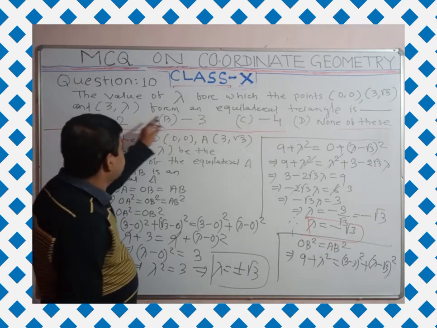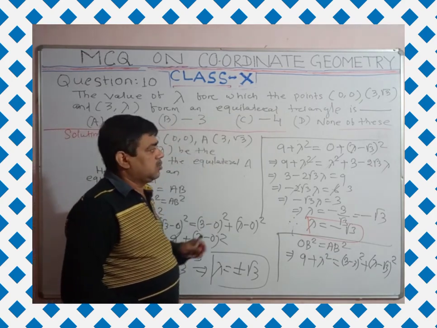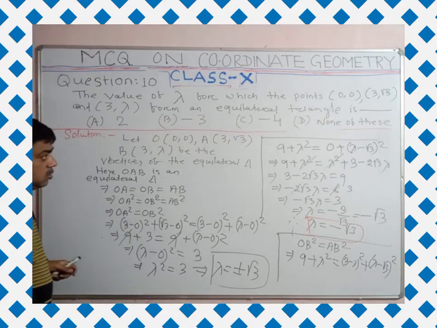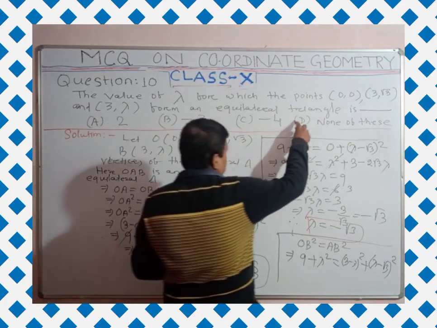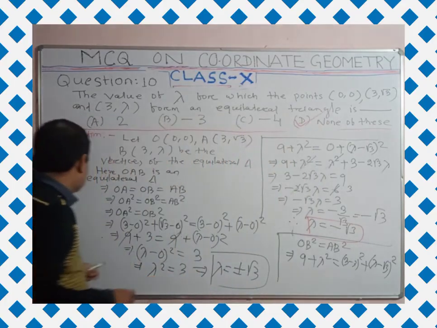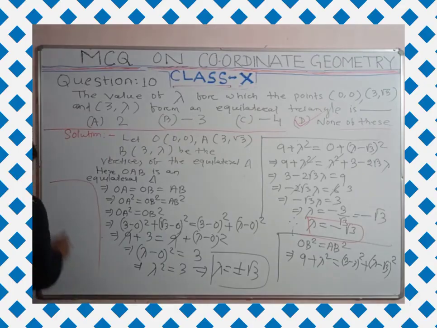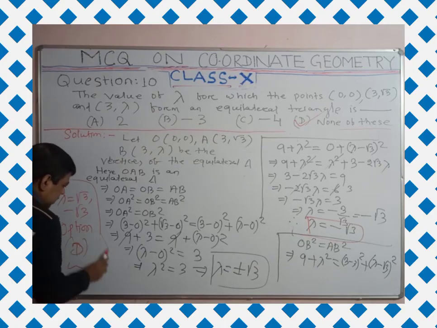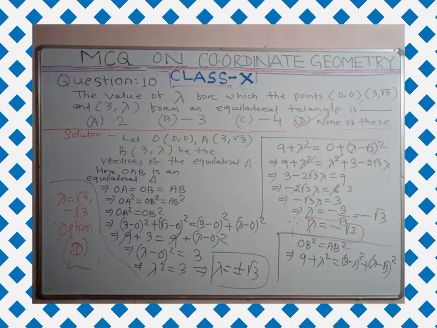Option A is 2, option B is minus 3, and option C is 4. So clearly it is understood the option D is the correct option. Answer is none of these. Okay, understand? So remember, lambda value is root 3 and minus root 3, hence the option is D. Is it clear?